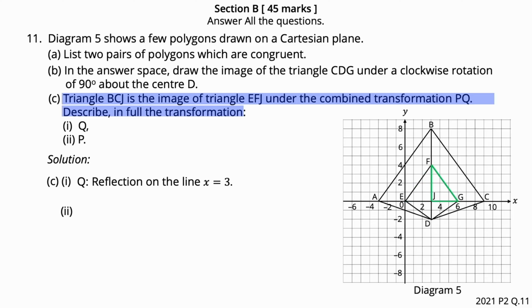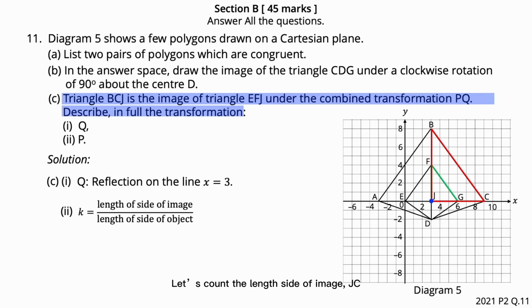Question number 2, P. Transformation P is an enlargement. Triangle BCJ is the image of triangle FGJ. J is the center of enlargement and k is the scale factor, where the length of side of image over length of side of object.